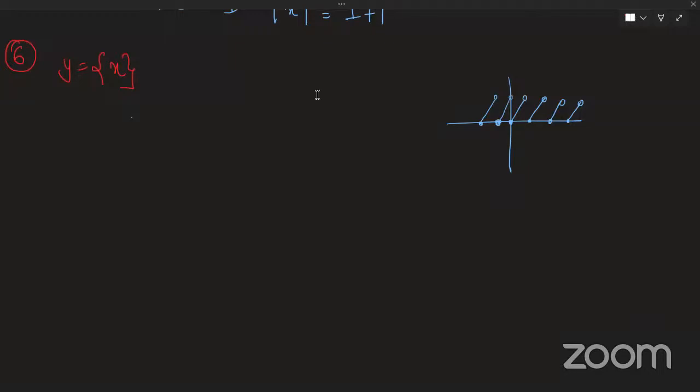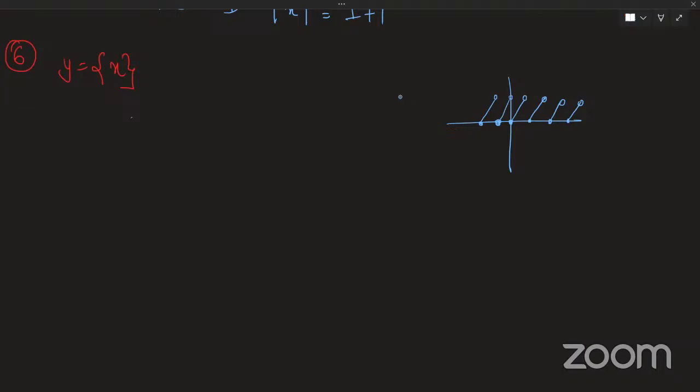Can you tell me what is the fractional part of x? Like the function, what does it give me? If I input any number to it, what does it give me?